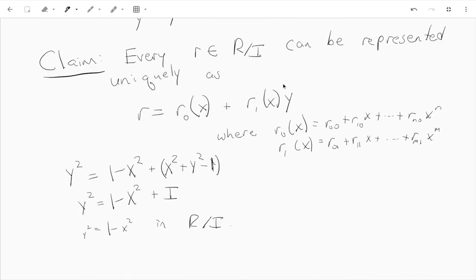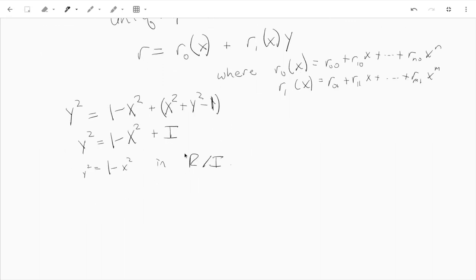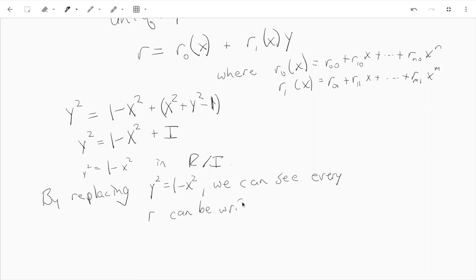So using this procedure, by replacing y squared with 1 minus x squared, we can see every r can be written as r0 of x plus r1 of x times y.